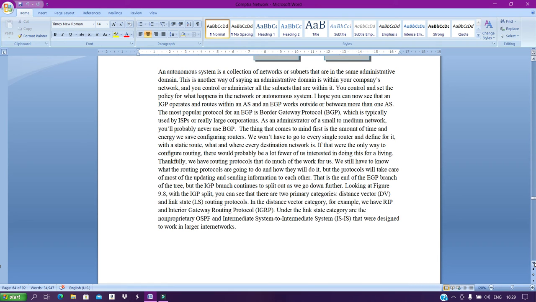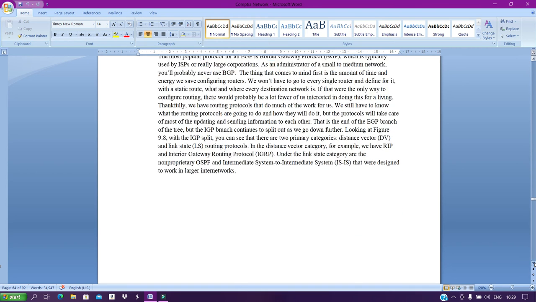In the distance vector category, for example, we have RIP and Interior Gateway Routing Protocol, IGRP. Under the link state category are the non-proprietary OSPF and Intermediate System to Intermediate System, which were designed to work in larger internetworks.